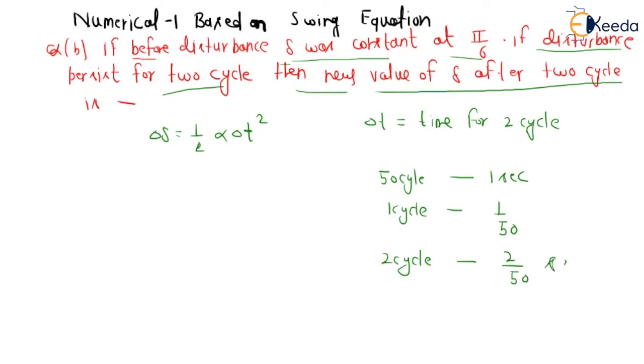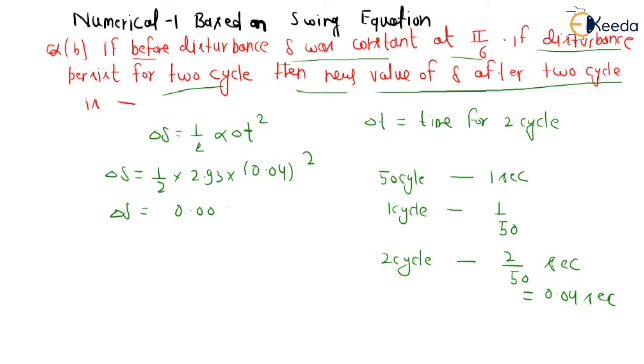This is coming out to be 0.04 second. So now delta will be equal to half into 2.93 into delta t, that is 0.04 square. So delta will be equal to 0.00234 electrical radian.